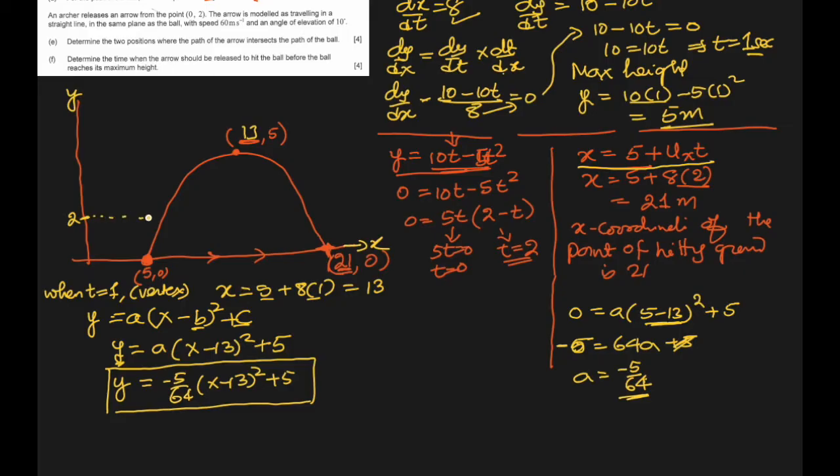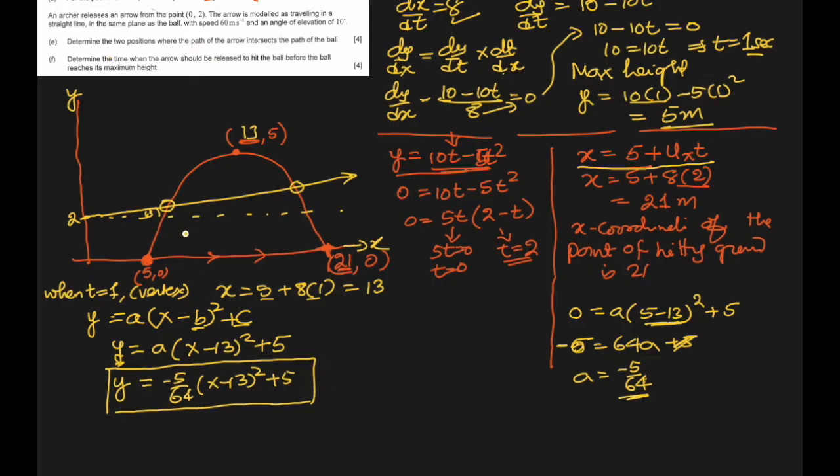So if this is the horizontal line for this, 10 degrees will be very, very small. This is 10 degrees. So this is how the archer shoots it. Determine the two positions where the path of the arrow intersects. Not the arrow, path, because they have already said it did not hit. They're asking us these 2 points where it hits the path.